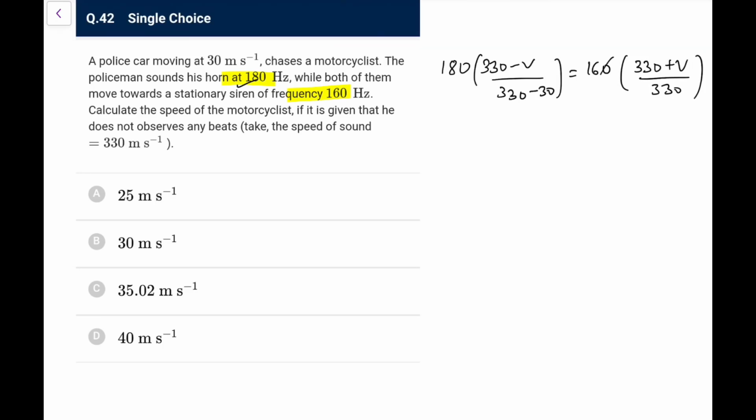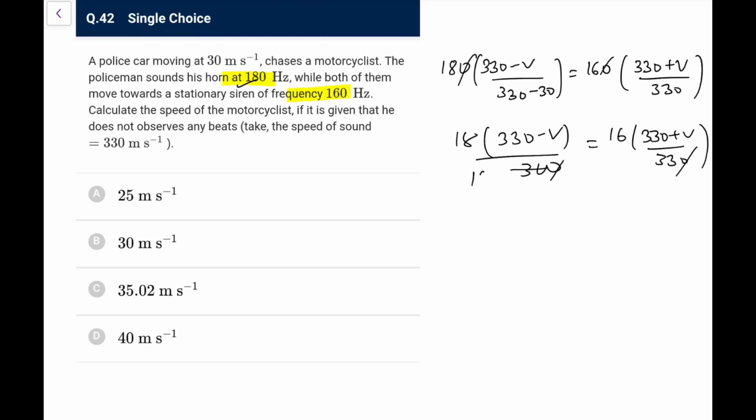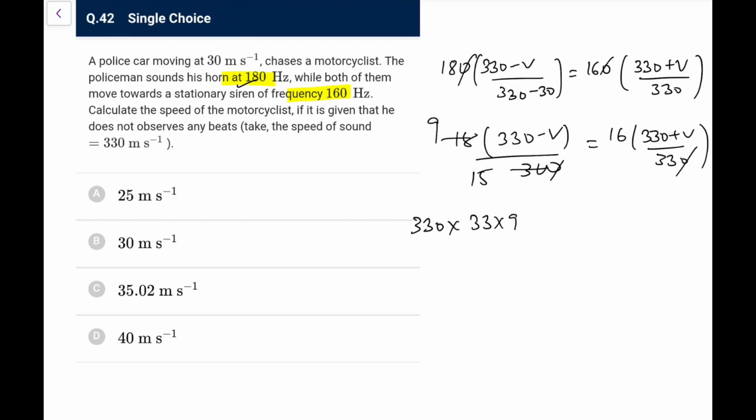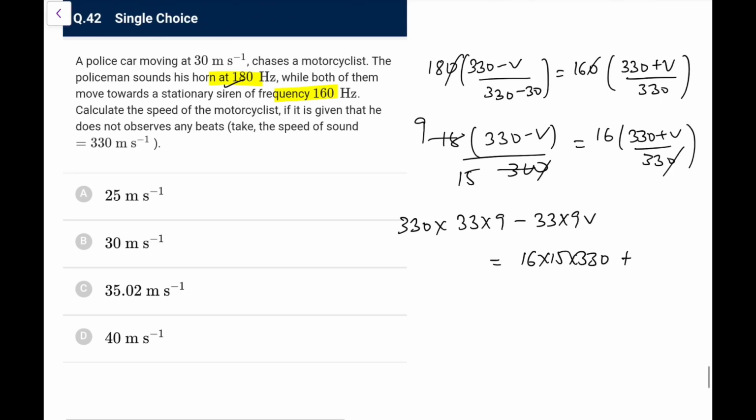So from here solve it. 0 and 0 go, so 18 into (330 minus v), this becomes 300, this becomes 16 into (330 plus v) upon 330, so 0 and 0 go. I can cancel it up here also, 15 and it is 9. So 330 into 33 into 9 minus 33 into 9v would be equal to 16 into 15 into 330 plus 16 into 15v, and 16 into 15 would be 240, I can write 240v.